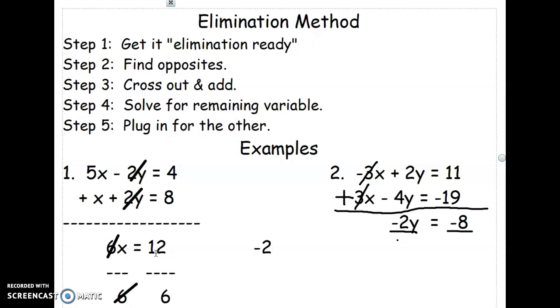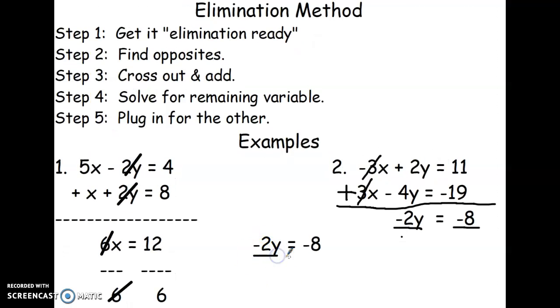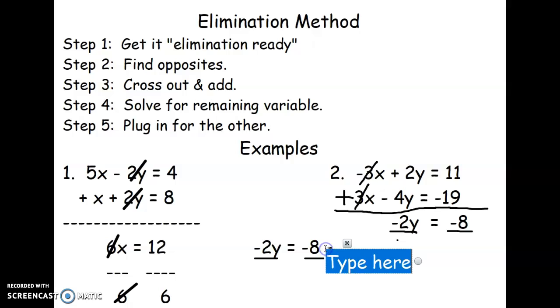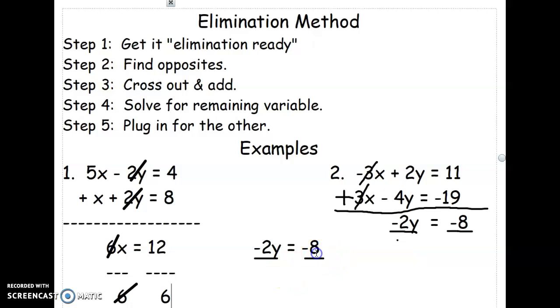So negative 2y equals a negative 8. That's my problem now. And if I divide on both sides, negative 8 divided by negative 2 will give me my answer, which is a negative 4. All right, so y equals negative 4.